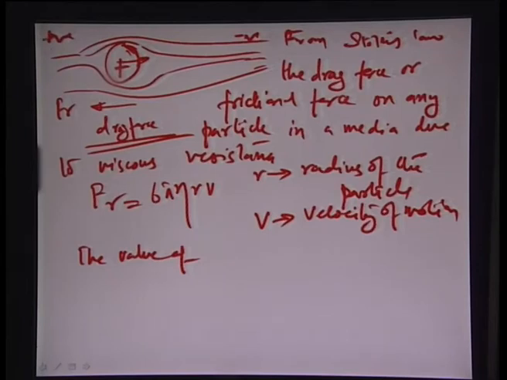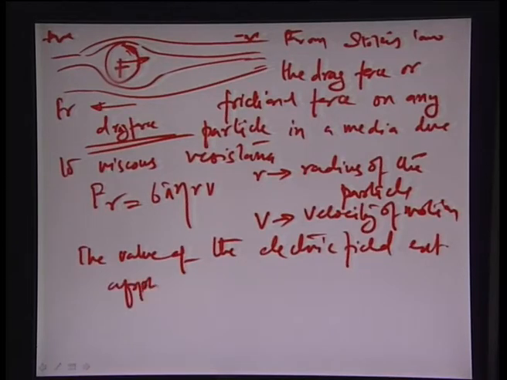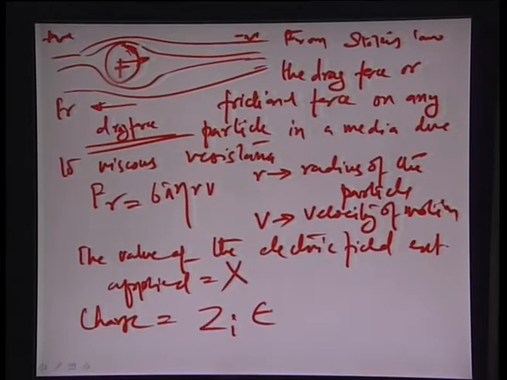So we suppose that the value of the electric field externally applied in this particular instance is given by the term X. So, if our charge here has a valency Zi, epsilon being the electronic charge, the total charge on the particle here which moves is about Zi epsilon, and the total force that the particle would face in the electric field is also given by Zi epsilon X. So the particle will only be moving in the solution at a steady state if these two forces are equal, essentially causing the particle to have a uniform rectilinear motion without any acceleration.